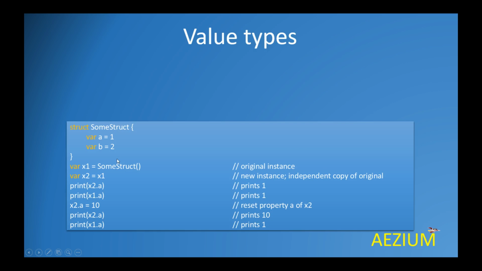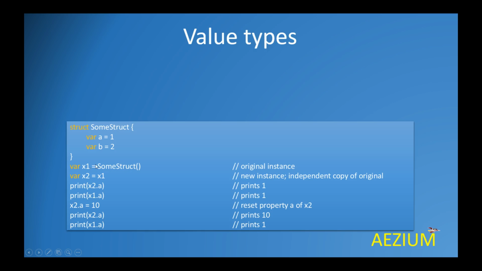What we have here is a structure called sum structure. It only has two properties, no methods. These properties are called a and b, and they're assigned values of 1 and 2. Now we declare a variable called x1 and assign to it an instance of sum struct.